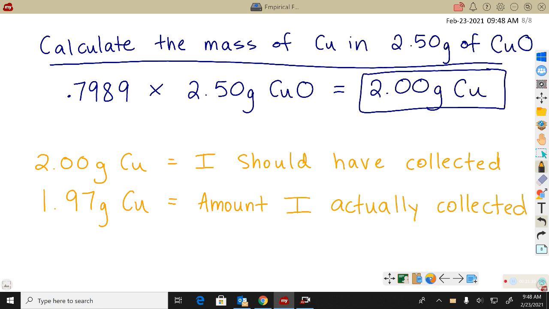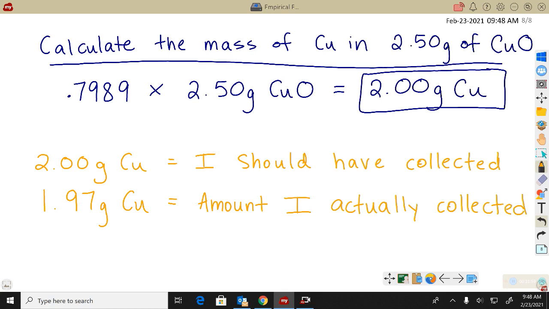And from here, it lets us examine our errors a little bit. The amount of copper that I collected was a little bit low. And again, it's really close. This is fantastic data. But what if somebody wanted to ask you, if you could run this lab again, what might you do differently?